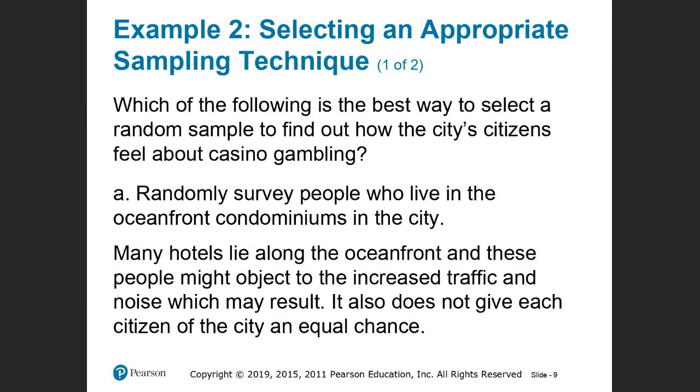We have three choices here. The first one is to randomly survey people who live in the oceanfront condominiums in the city. This doesn't make sense, because the topic is casino gambling and you would only survey people who live in the oceanfront condominiums, who most likely are customers of the casino.